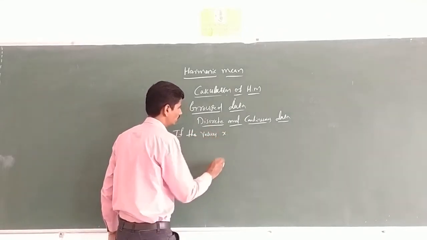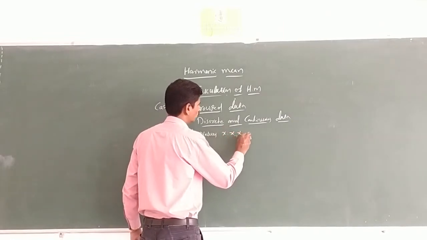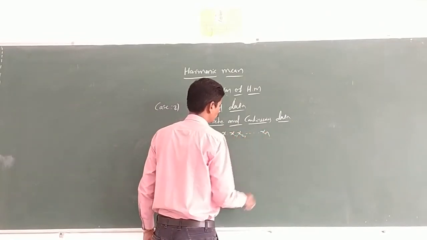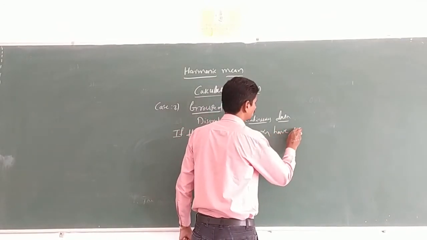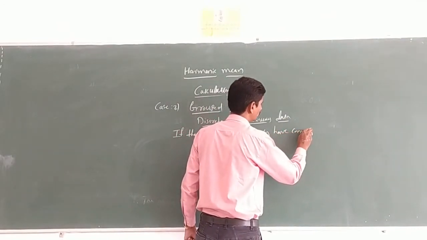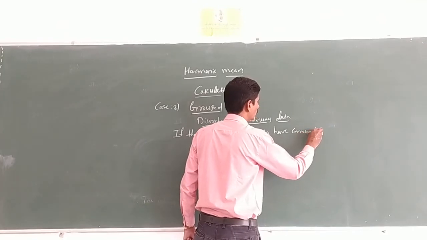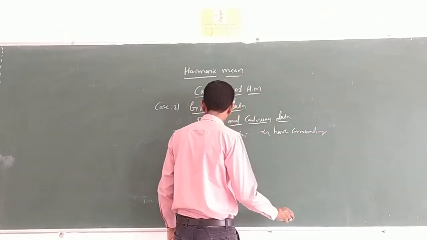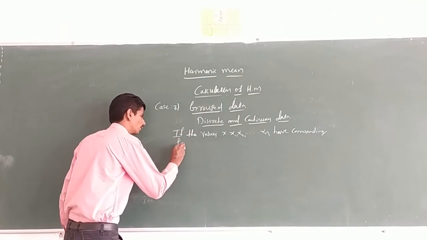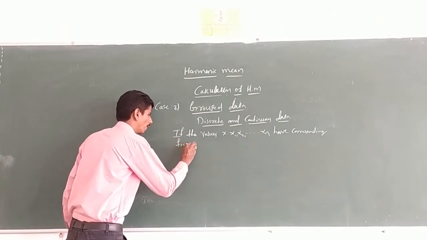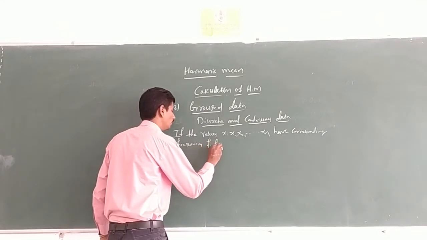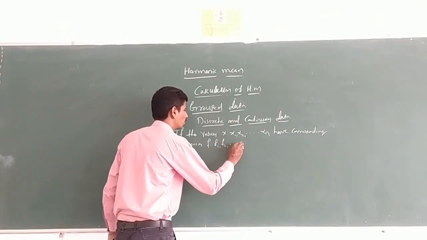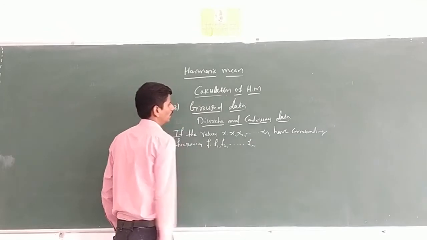x takes the values x1, x2, and so on up to xn, with corresponding frequencies f1, f2, and so on up to fn.